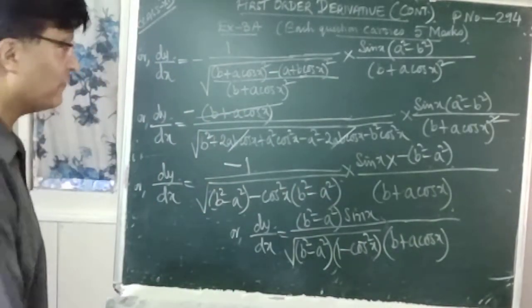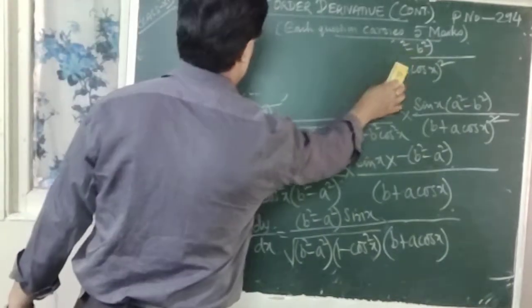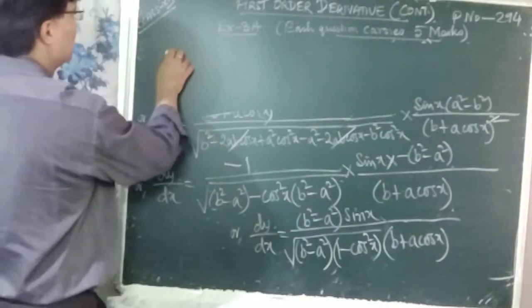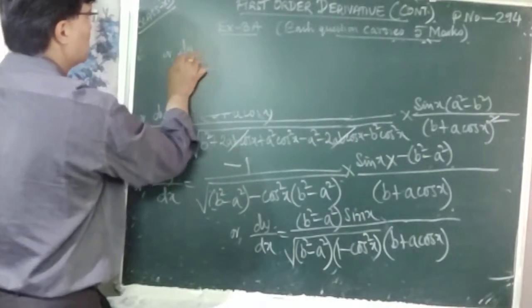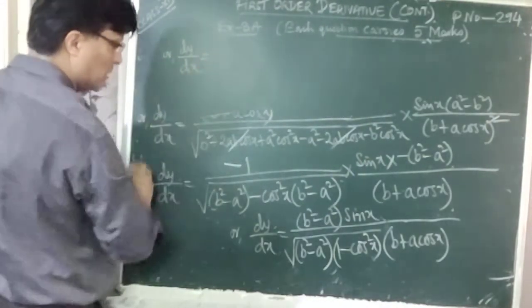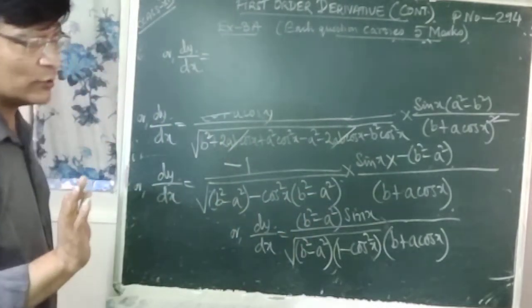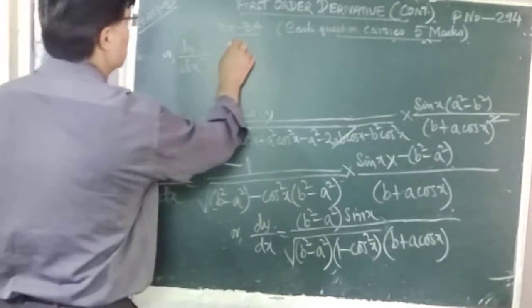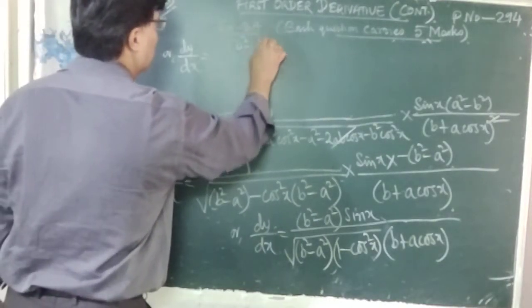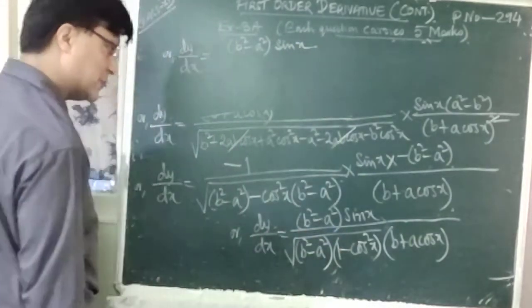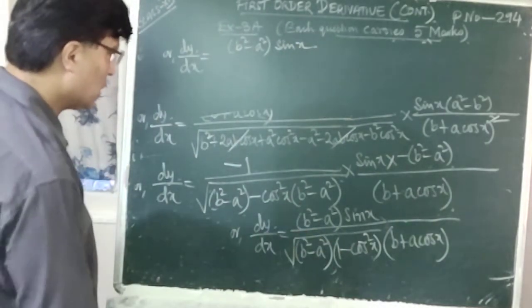Again you can simplify it further, right? So let us simplify it further now. You will get the simplified answer here. So dy by dx is equal to, so this is minus into minus is plus sign. So usually we don't write plus sign, okay? So it is b square minus a square into sin x is there, okay?